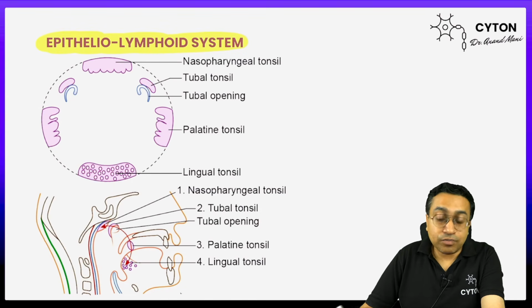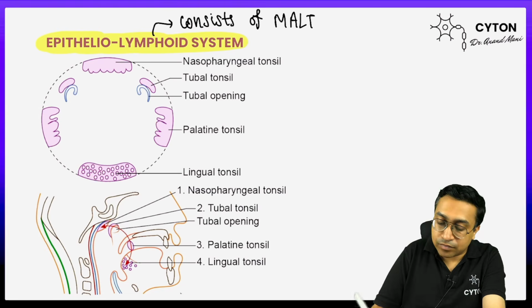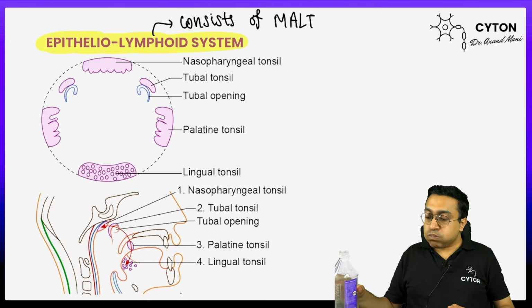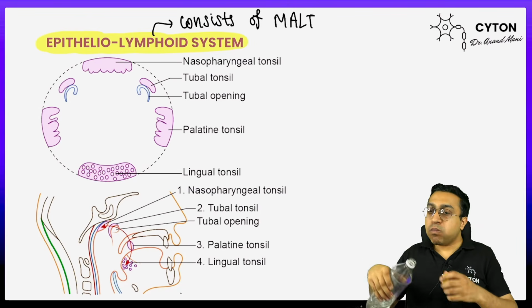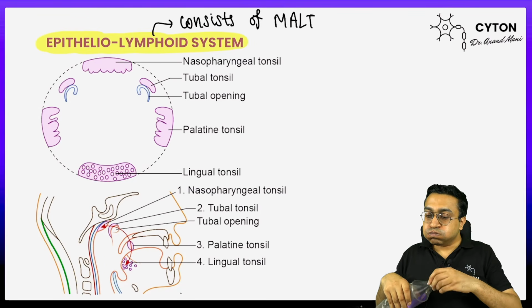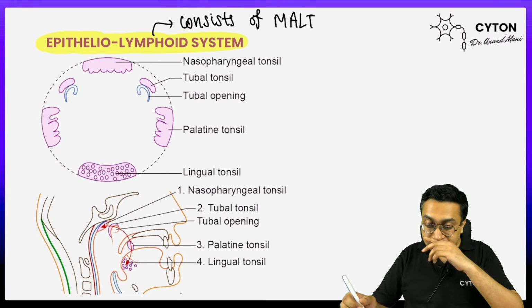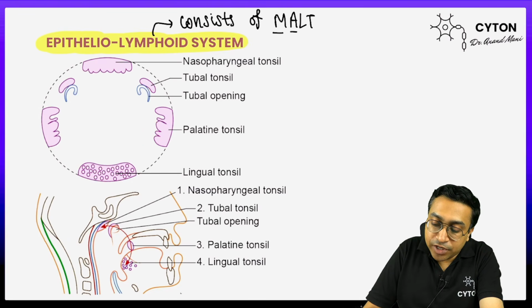This consists of MALT, which we discussed already. So what is MALT? It is mucosa associated lymphoid tissue.